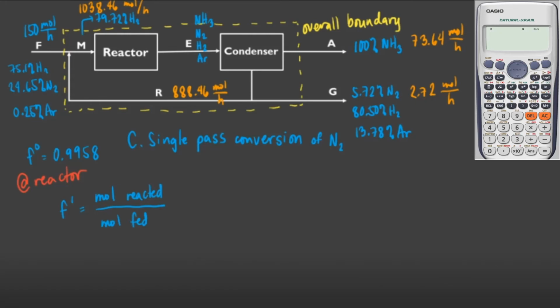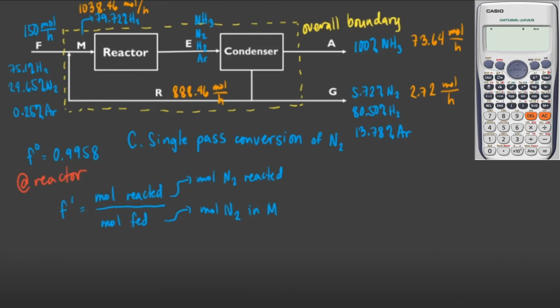In this case, our limiting reactant is nitrogen. As such, the numerator of the single pass conversion pertains to the number of moles of nitrogen reacted, while the denominator pertains to the number of moles of nitrogen in the feed to the reactor. That is the number of moles of nitrogen in the mixed feed.